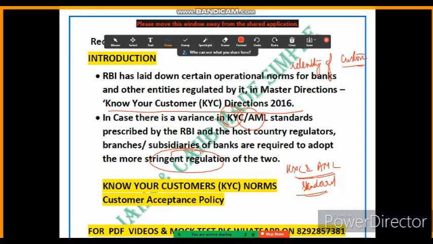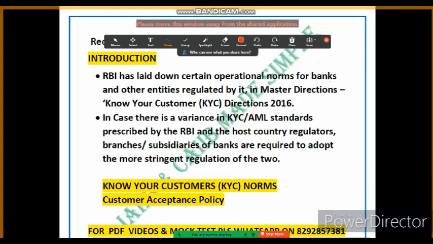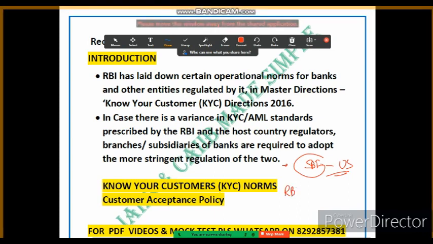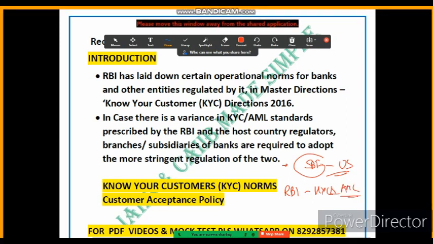Let me give you an example to make this concept clearer. Suppose an Indian bank, say SBI, has a branch in the United States. RBI has its own KYC and AML regulation, and the US has its own set of rules in this area as well.